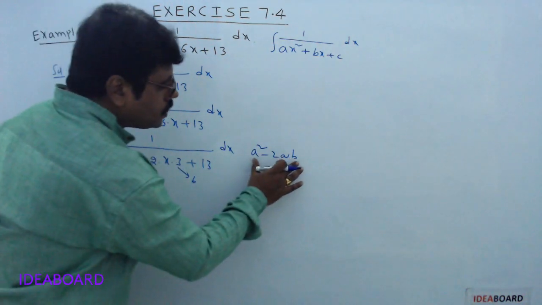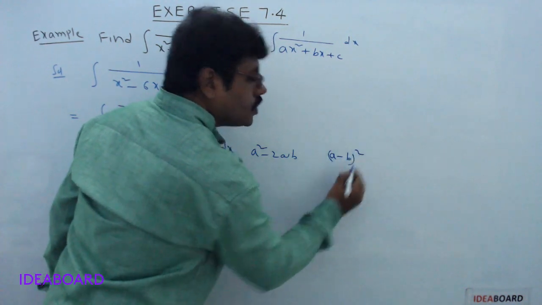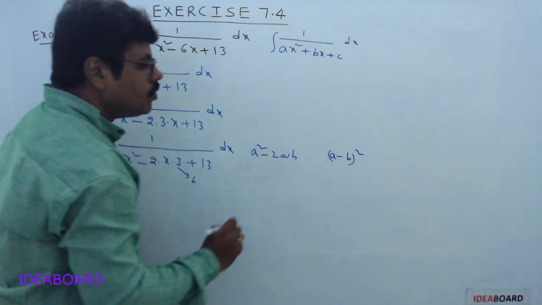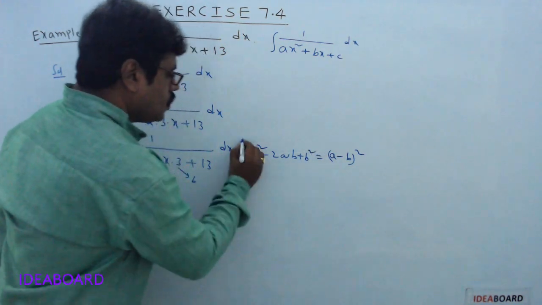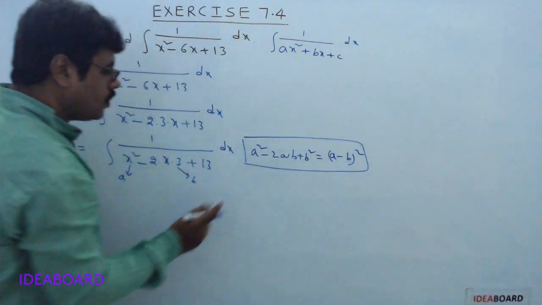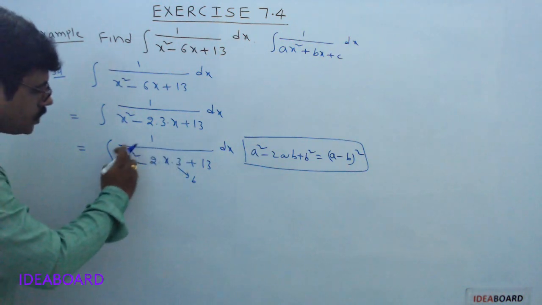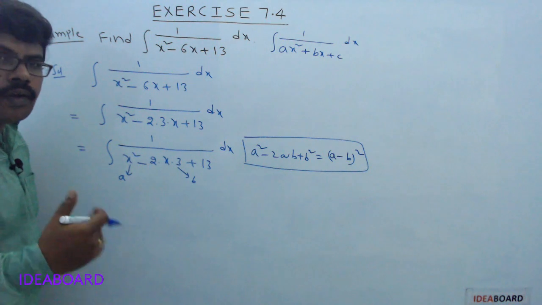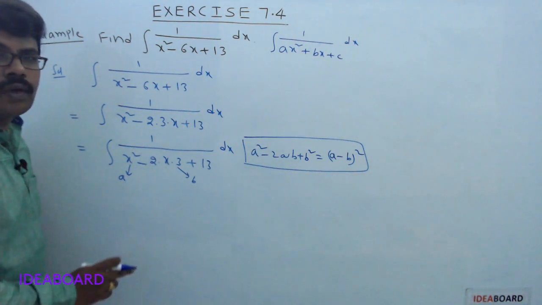To convert this expression into the form a minus b whole square, we need a term. What is that term? Plus b square. So here, what is the value of b? The b value is 3. So to make this expression a perfect square, we need one more term: 3 square.